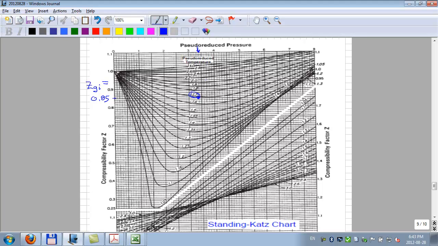It was actually 1.72, right? So this is 1.7, this is 1.8, so it should have been a little bit higher, and that line is more like 0.87. We should have read that off if we had read it properly. That's getting pretty close, about 1% different.